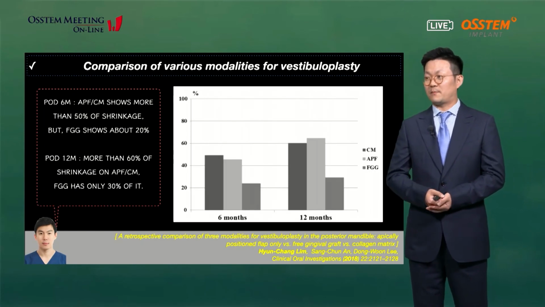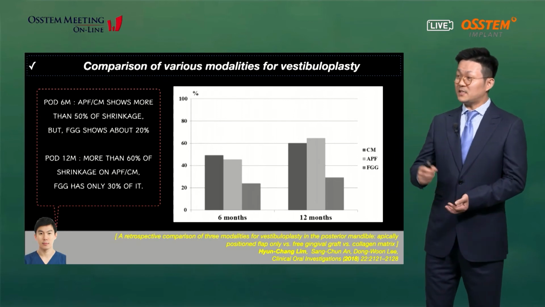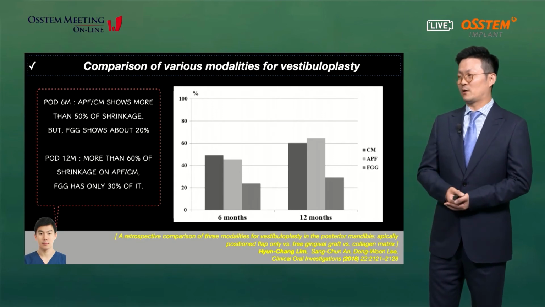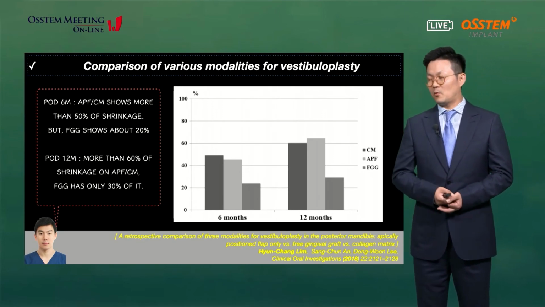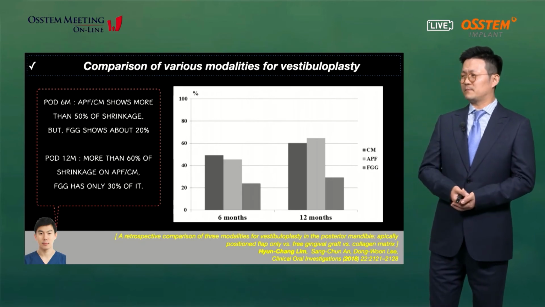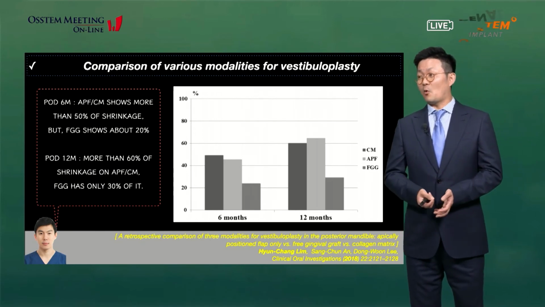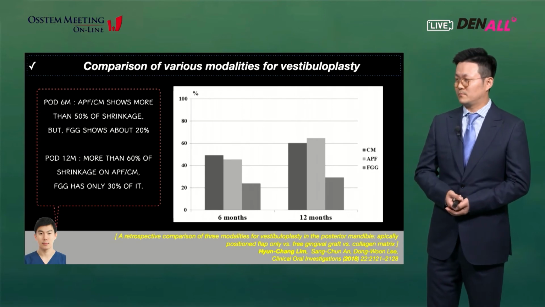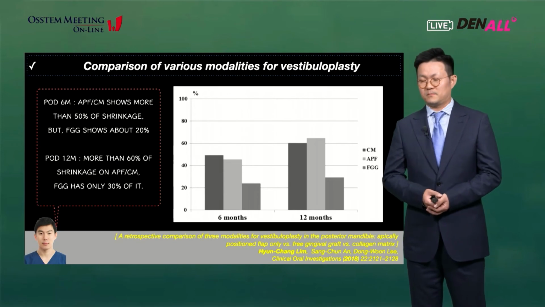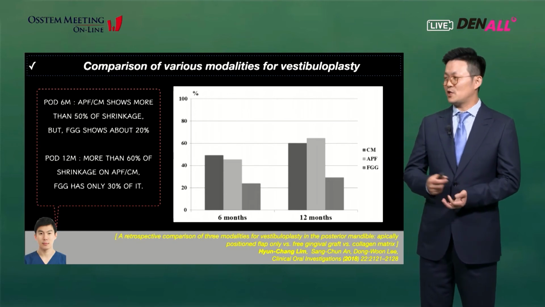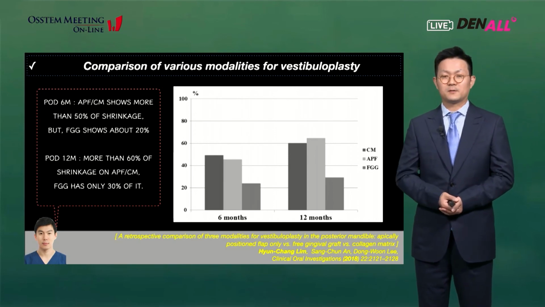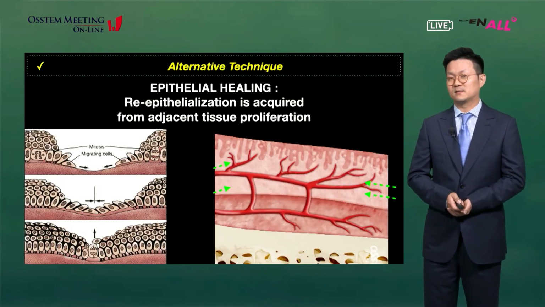After 6 months or 12 months, there was more than 60% shrinkage in the APF only or APF and collagen matrix group, but the free gingiva graft group has only 30% shrinkage. So considering the shrinkage of the graft tissue, free gingiva graft using autograft can be the solution, I think.